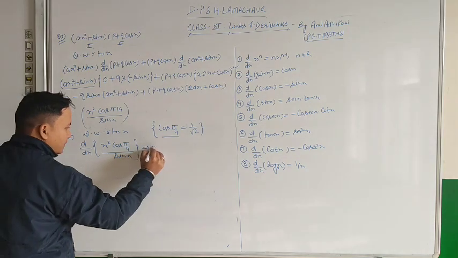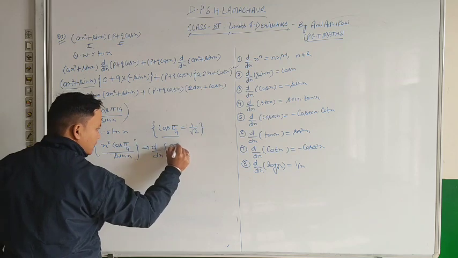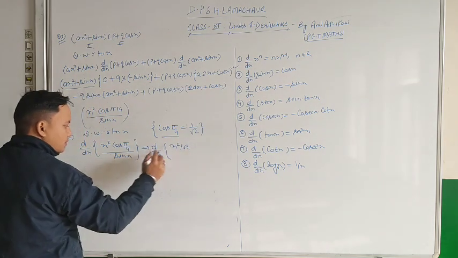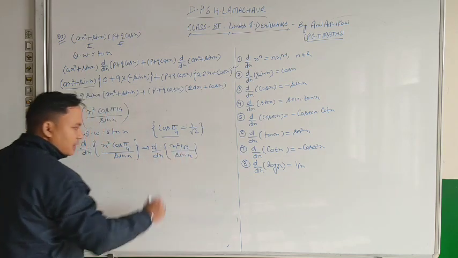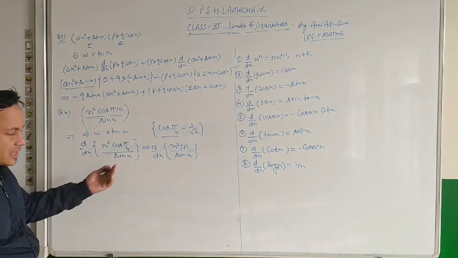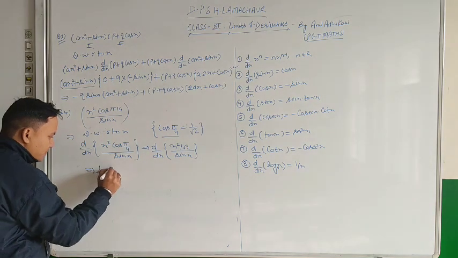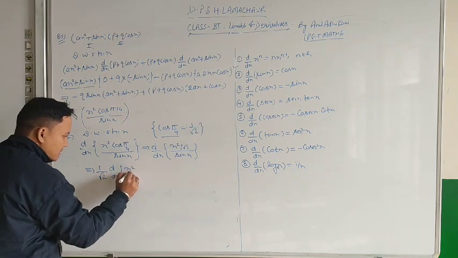So this will be d by dx of x square into 1 by root 2, that is x square by root 2 upon sin x, okay. Now since 1 by root 2 is a scalar quantity, you can take it out. So 1 by root 2 times d by dx of x square upon sin x.